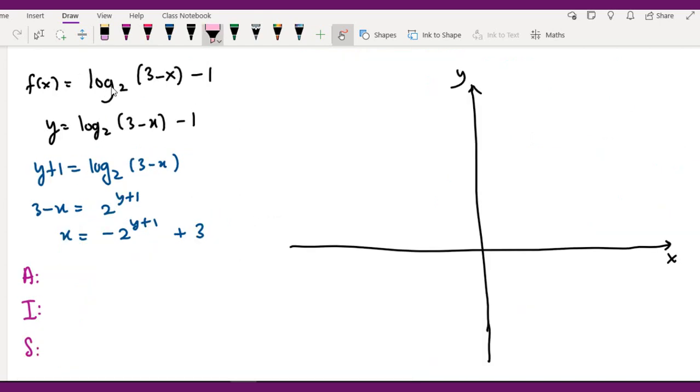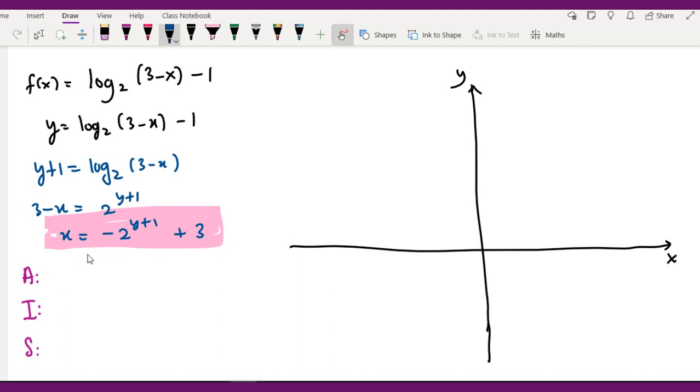For this example, y equals log (3 minus x) to the base 2, minus 1. Change to the exponential form, write x as a subject. And then you can see x equals negative 2 to the power of y plus 1, plus 3.